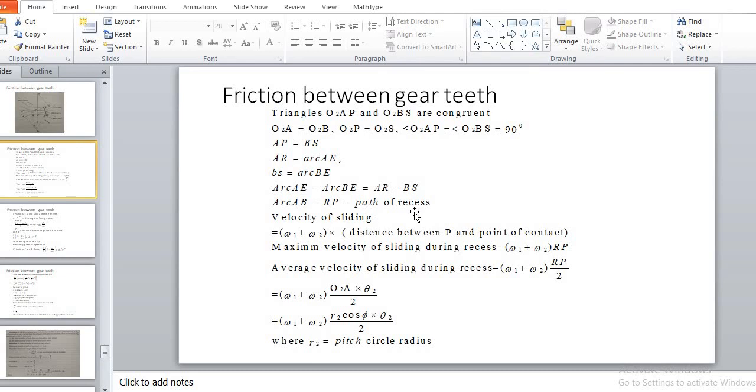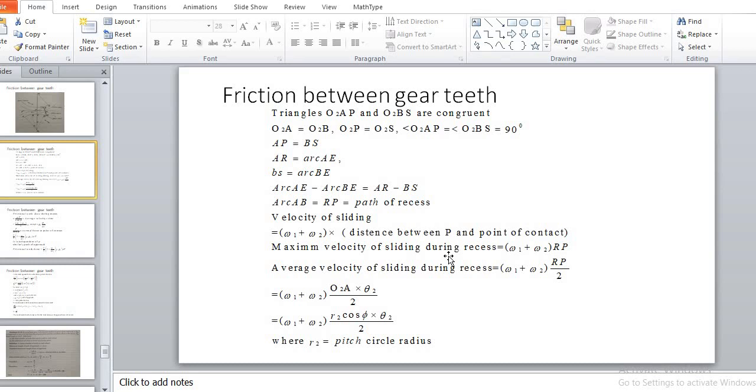Now, the velocity of sliding in this formula: while calculating work done, we have to consider the average velocity. The velocity of sliding is considered as (omega 1 plus omega 2) into the distance between the point and the point of contact, that is, the distance between this point P and the point of contact.